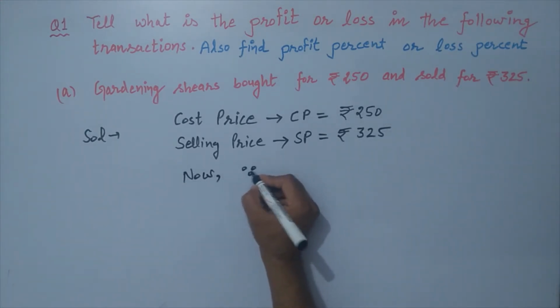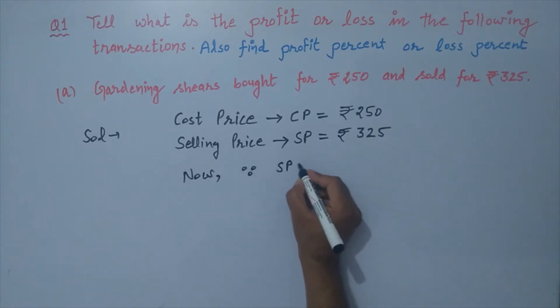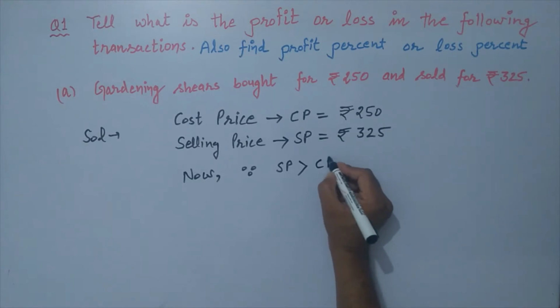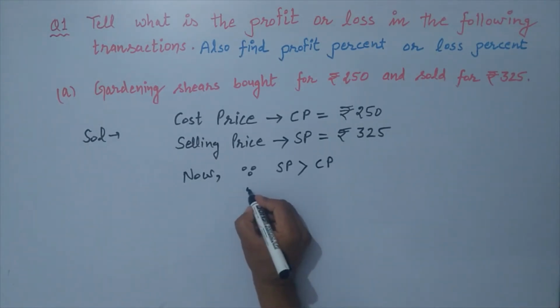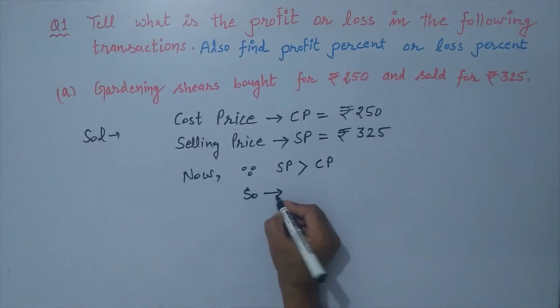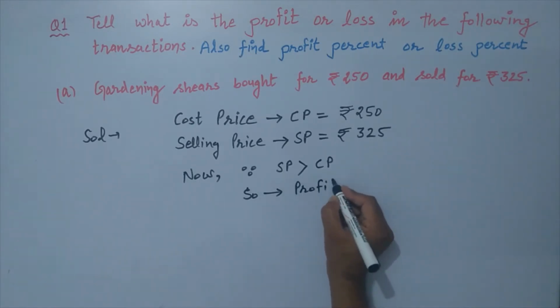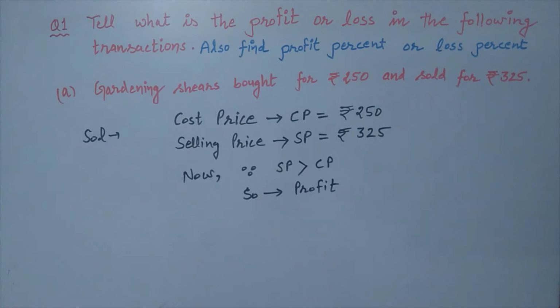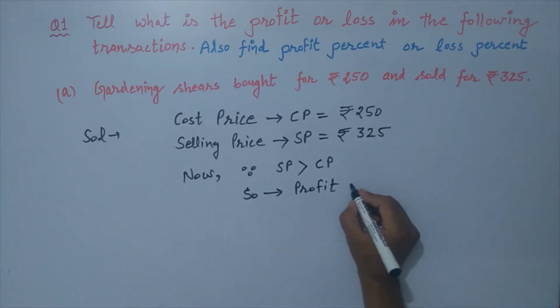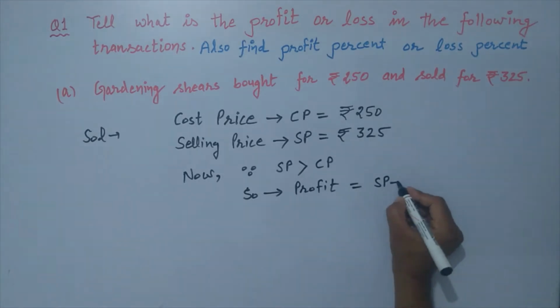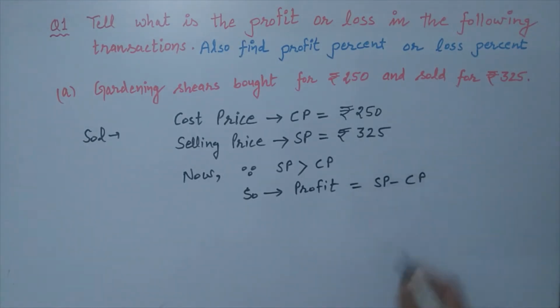Now what we see, because selling price is greater than cost price, so we have profit. Now how to find the profit? Profit is equal to selling price minus cost price, right?